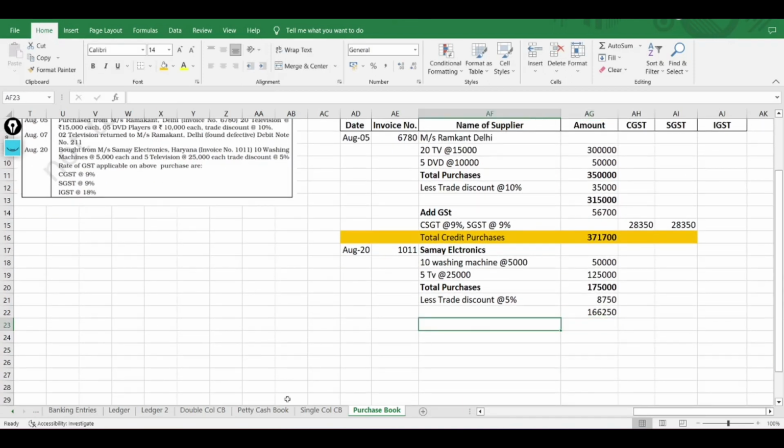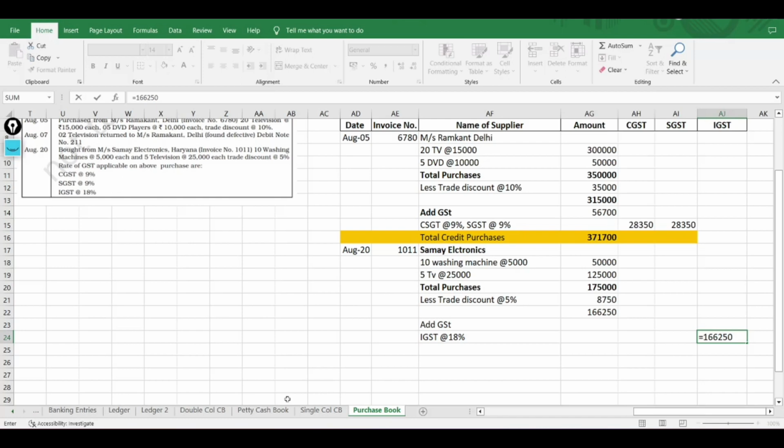1,66,250. Here add GST. GST is applicable of IGST at 18%. So in the IGST column, 1,66,250 into 18% is 29,925.